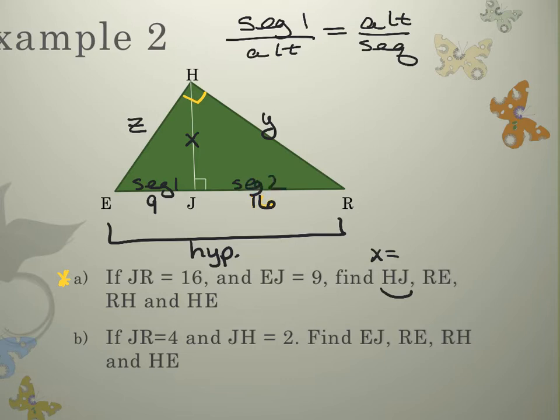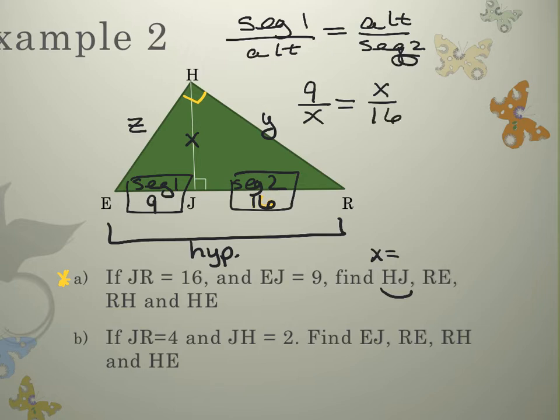This will be segment 2. Now I'm going to fill my information into the proportion. Segment 1 is 9. My altitude is x. And segment 2 is 16.